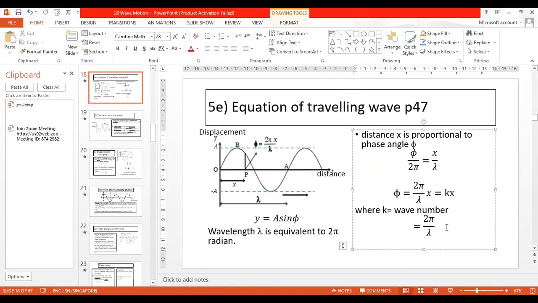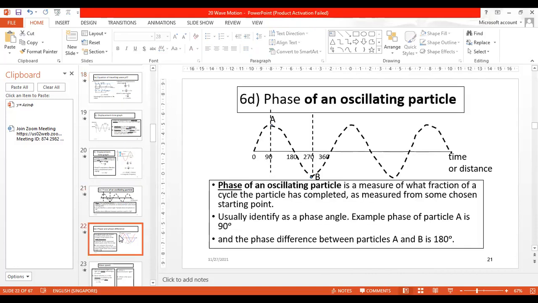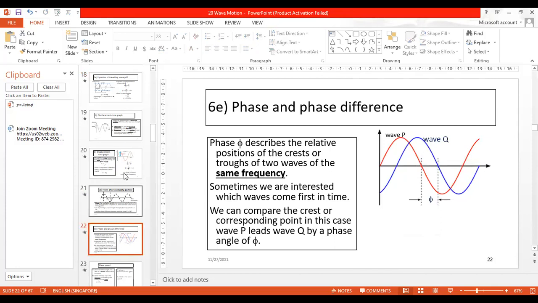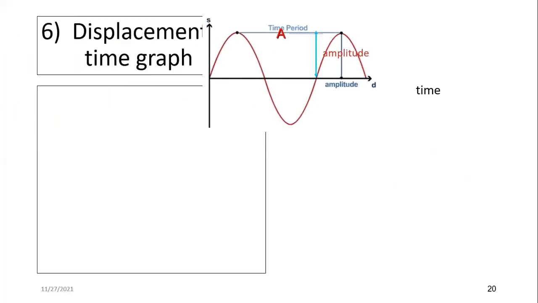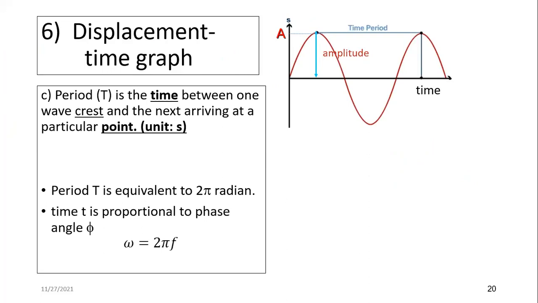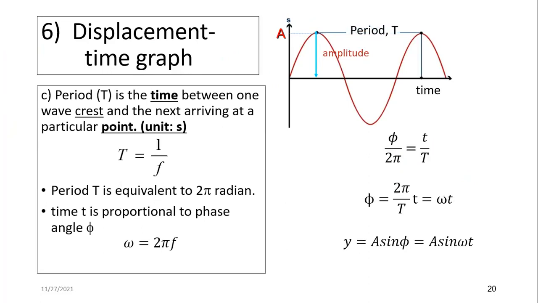If we try that, where this one becomes your kx. That's all. Right? Either omega t or kx. This equation is kx. Okay, let's carry on. Right? We have come to here. Remember, omega is the angular frequency.